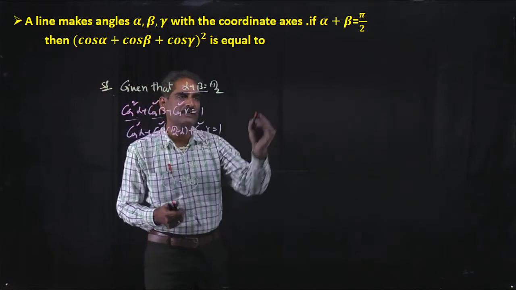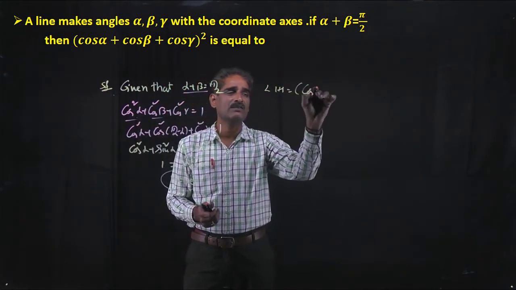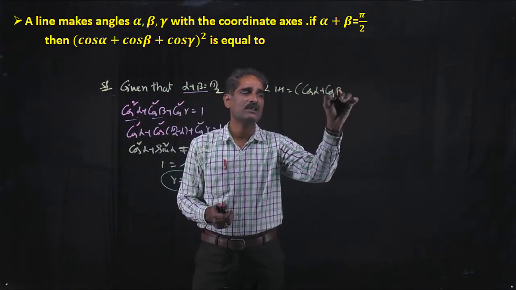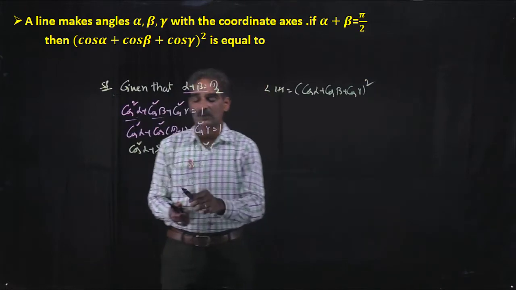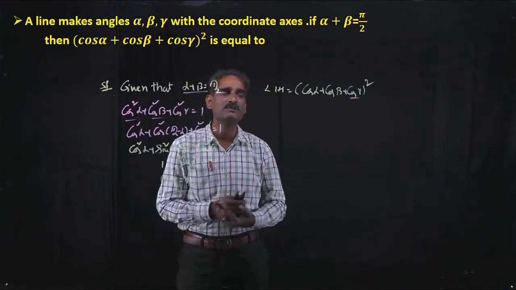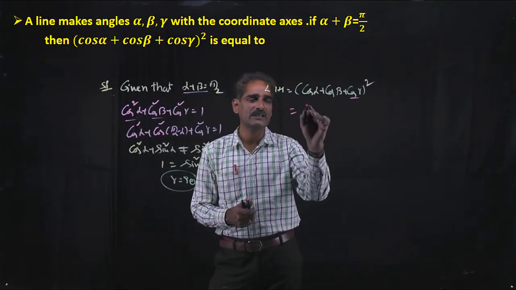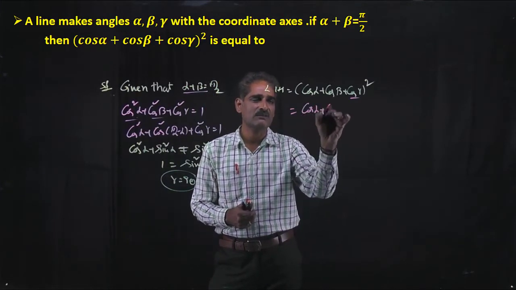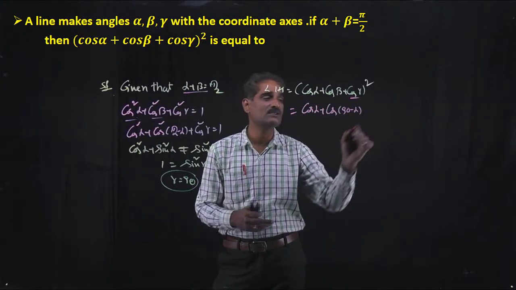With alpha plus beta 90 and gamma 90, we have to find the LHS, which is cos alpha plus cos beta plus cos gamma, whole square. Gamma is 90, so cos 90 is 0. Since alpha plus beta is 90, we can write cos alpha plus cos of 90 minus alpha plus cos 90, whole square.